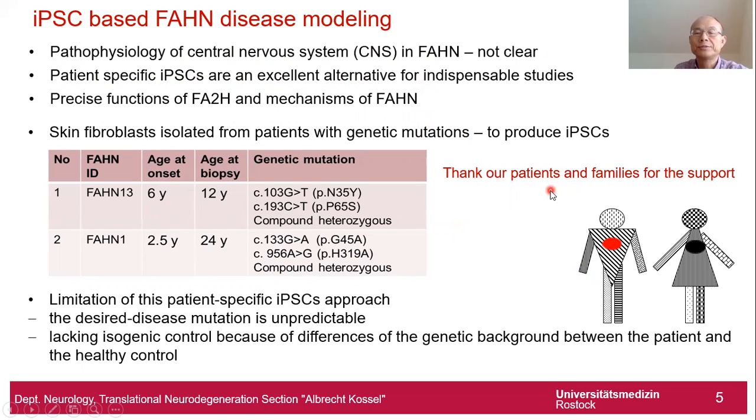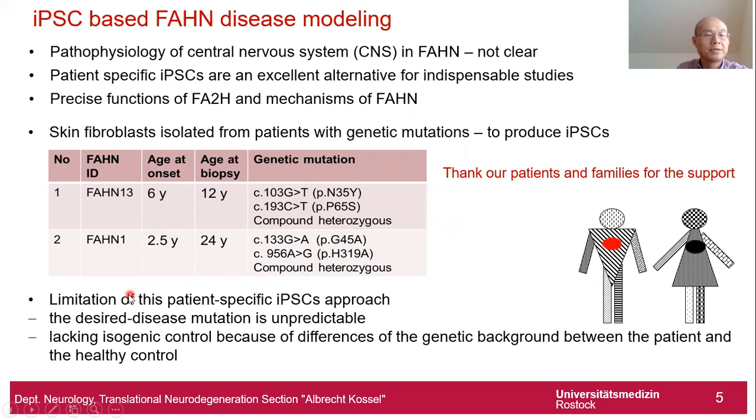Thank you to our patients and families for the support. We have already got 2 different types of mutations. One is here, another one is here. This fibroblast, we will use to generate iPS.